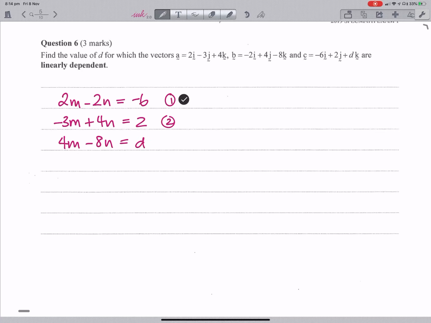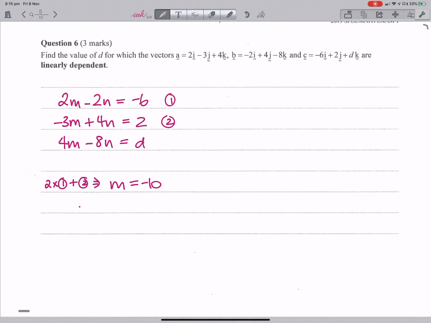So if we have 2 times 1 plus 2, that's going to give me m, nothing n, is equal to negative 10.